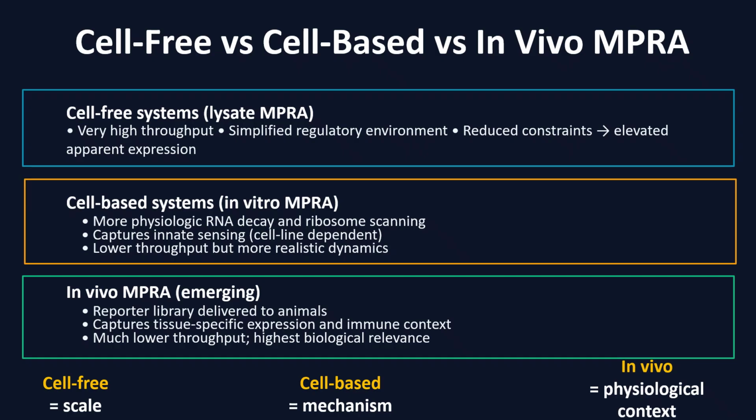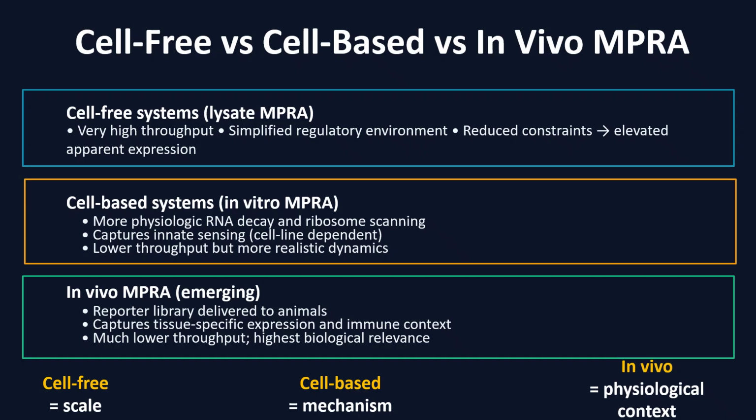And actually, this differs dramatically across cell lines. So here throughput is lower, but the measured RNA dynamics better reflect what happens inside real cells.